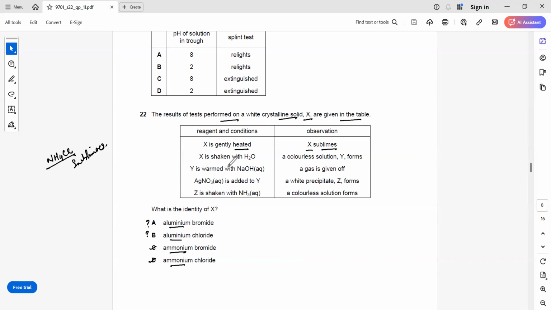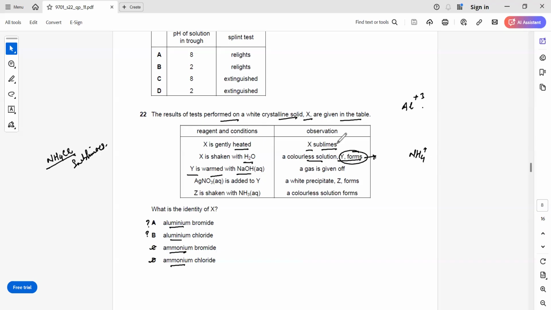Now, what next are they saying? This X is shaken with H2O, and a colorless solution Y forms. So that is the aqueous solution of X. And when Y is warmed with sodium hydroxide, if we have these two ions, aluminium ion and ammonium ion, if you remember their identification.